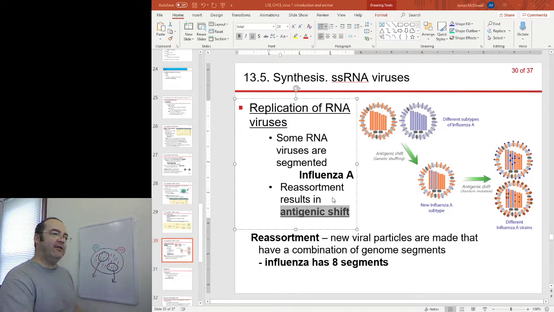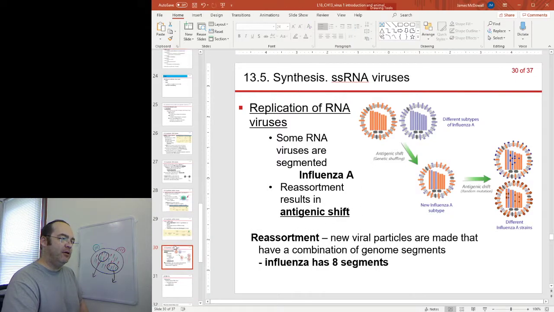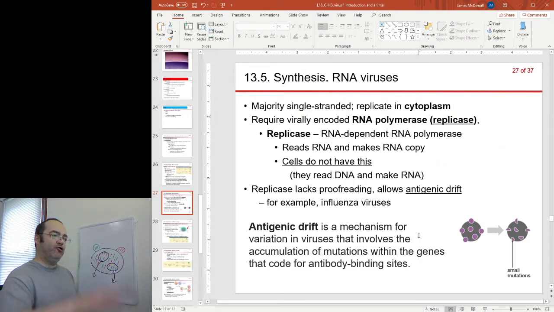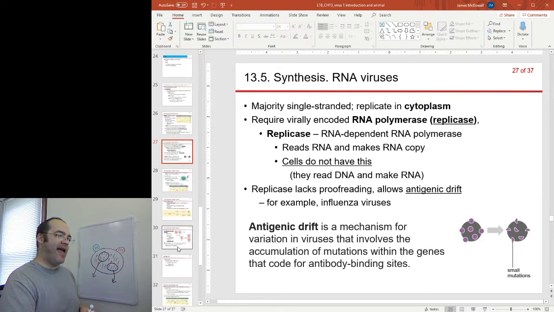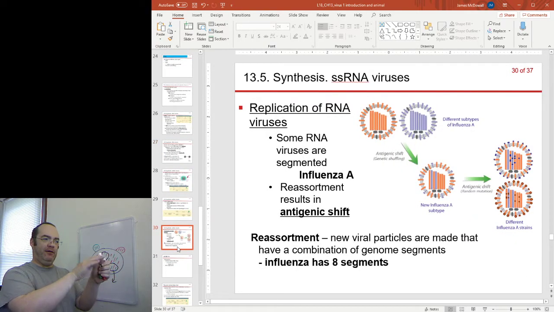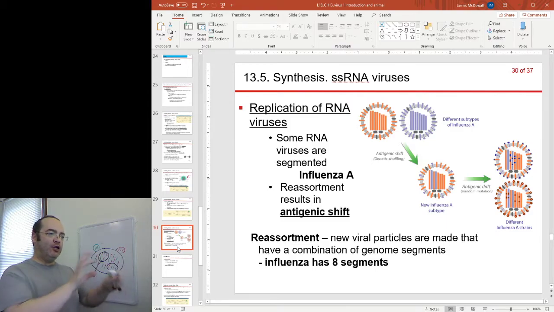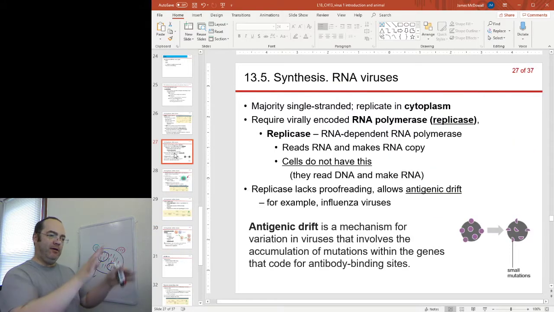So we had antigenic drift before. Drift, slow, small changes. And now we have antigenic shift. Think about a shift. Sometimes big changes happening very suddenly. 2 different mechanisms that are causing the drift and the shift.